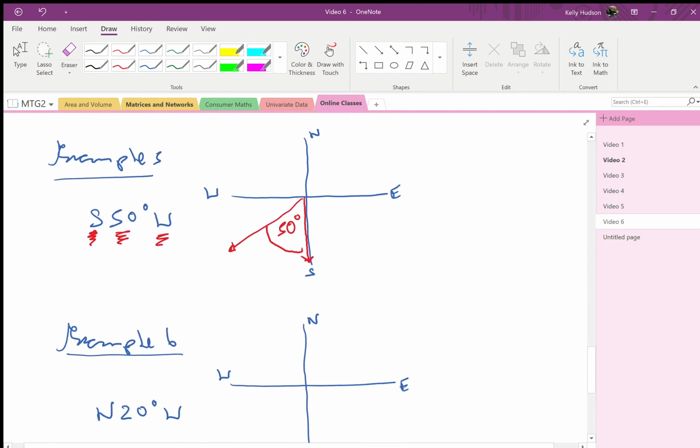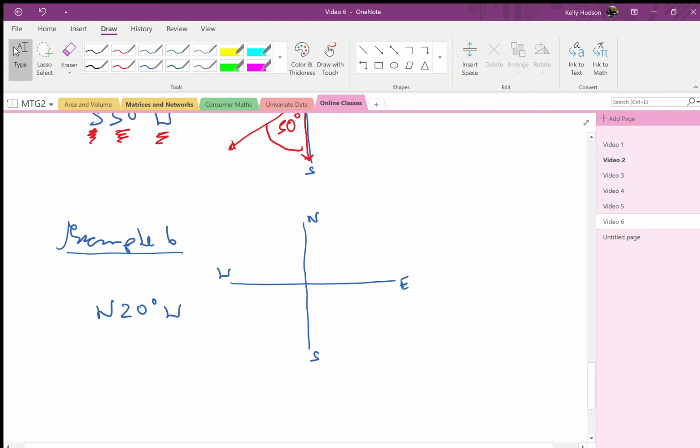And my last example is north 20 degrees west. So I'm going to go in the northerly direction, 20 degrees towards the west, which is just a little bit towards the west. And there's my 20 degrees there.